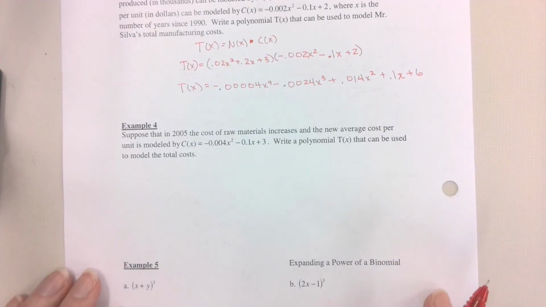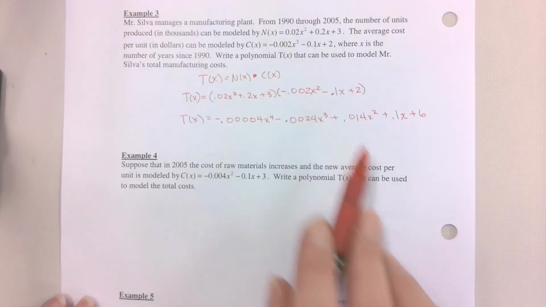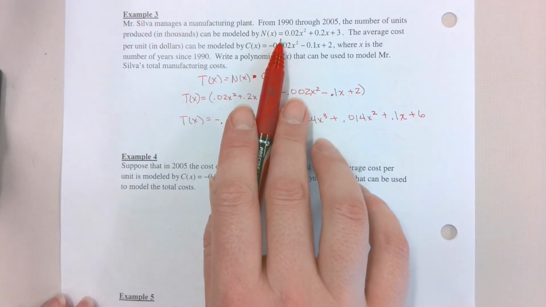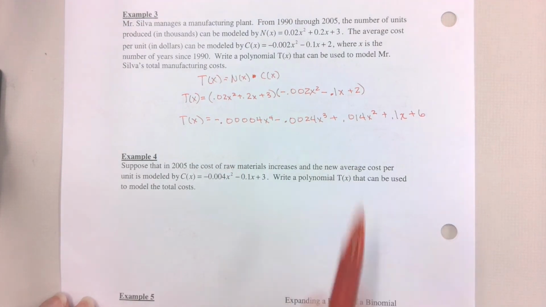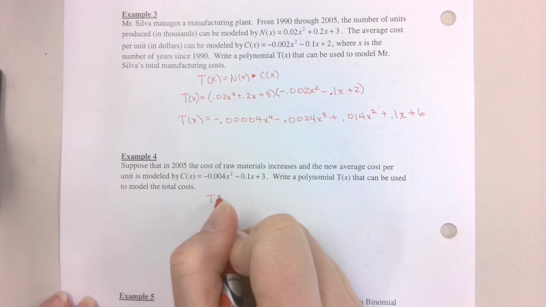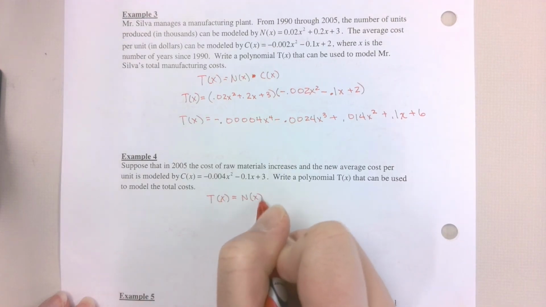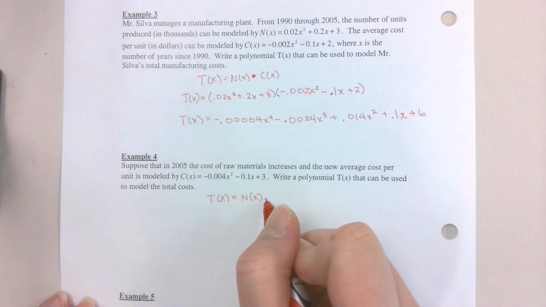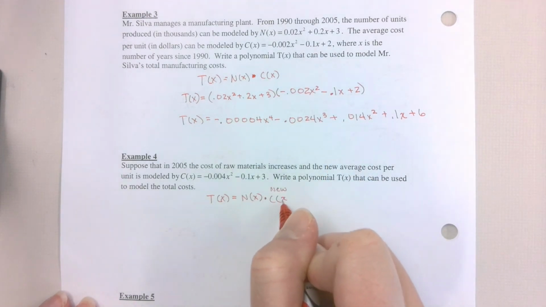All right, we have the same idea. The cost of raw materials increased. So we still have the same number of items being produced, but the cost of materials is increased, so we're going to find a new total cost. So we would take t of x and get that by taking n of x, the same equation we had up there, times the new cost for the raw material increase.